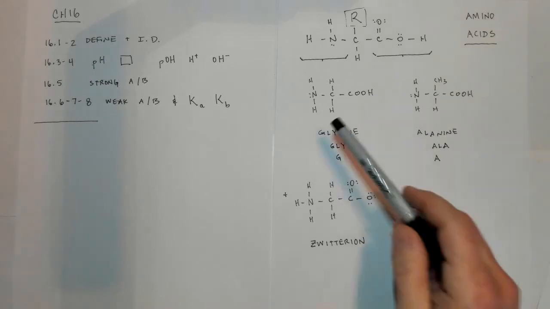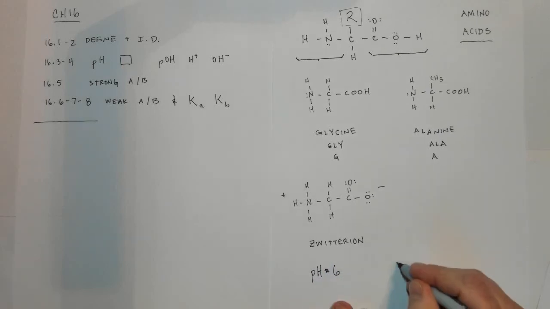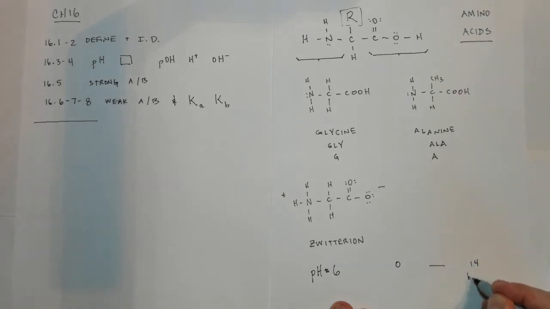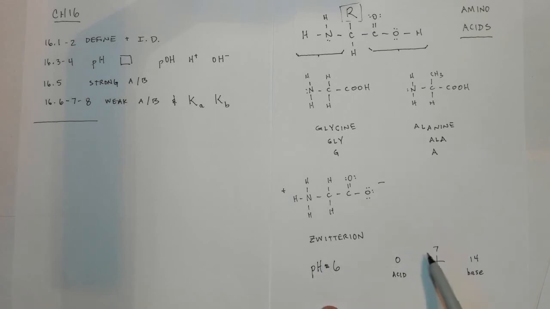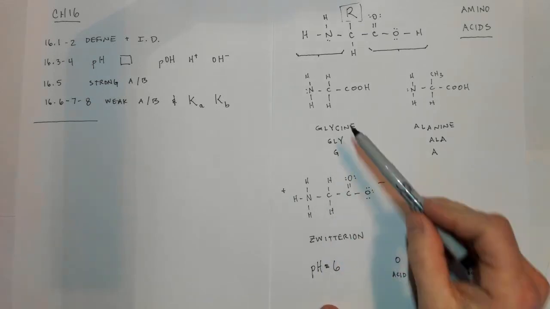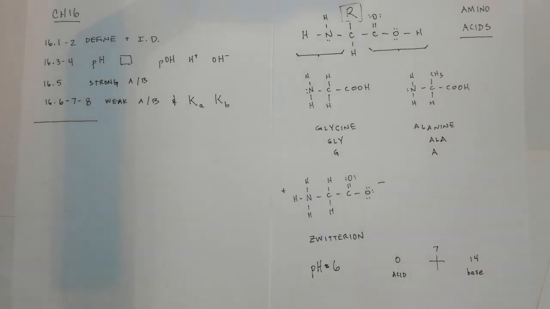Most of the time, glycine in 25 degrees Celsius solution has a pH of about 6, meaning that on the pH scale, which goes from 0 or so all the way up to a little more than 14, with 7 being neutral of course, the amino acids act a little bit acidic, so they're right over here, meaning that they will give up hydrogens a little bit more readily than they will gain hydrogens.